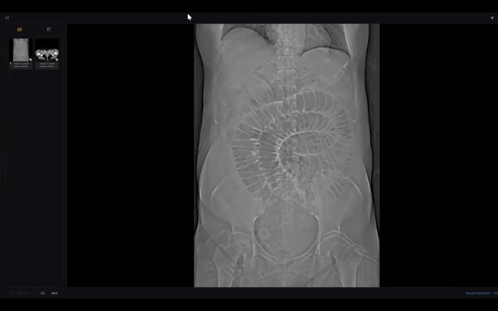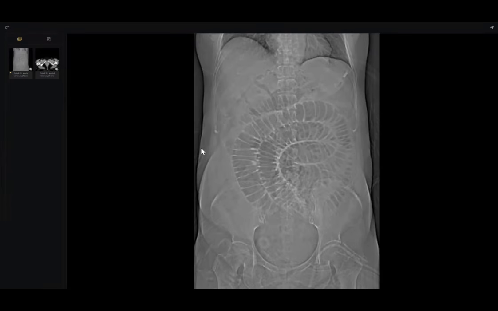See, this is the only available image, because the technician by mistake deleted the rest of the sequence, and the surgeon wants to take a decision. What's your final diagnosis? So I am again looking at the whole scanogram.